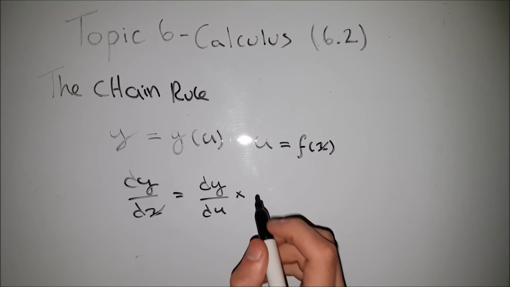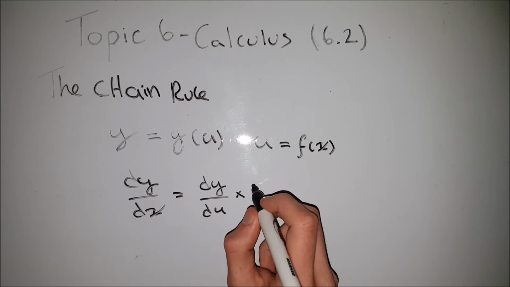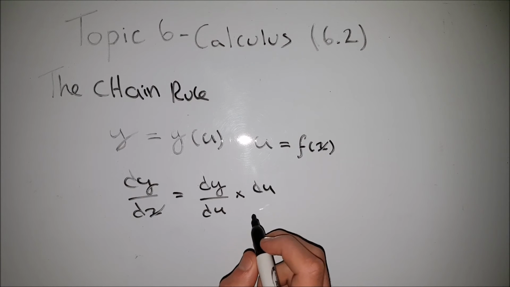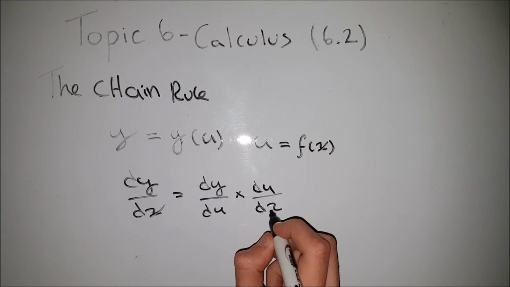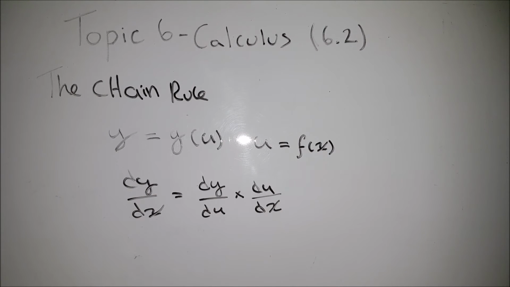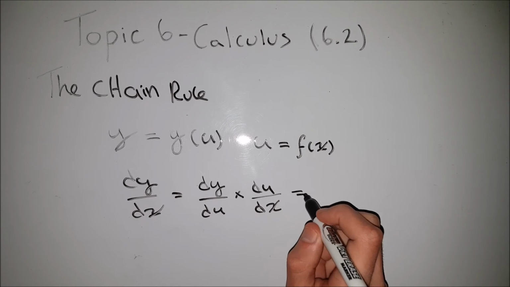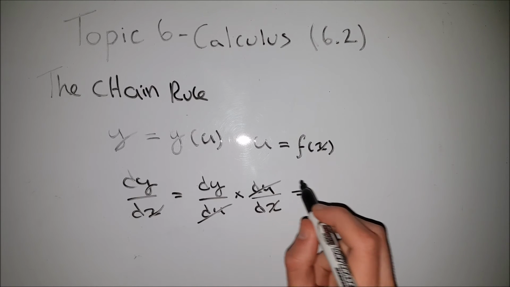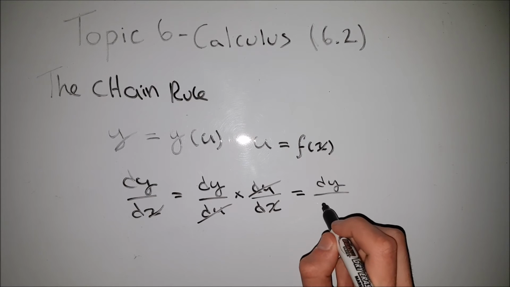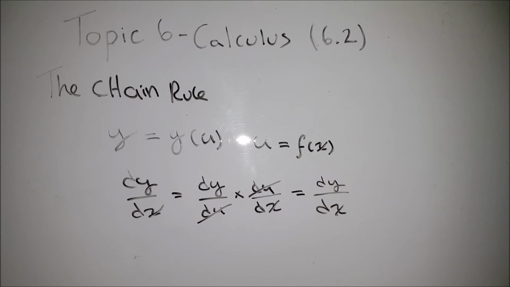So that's du, the second function with respect to its variable, dx. And that makes sense because these cancel out to give you dy/dx, which is what you're looking for. So basically you find two derivatives here.